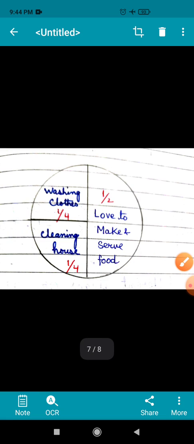Children, here you can see I have drawn this pie chart and expressed the data in this circle form.